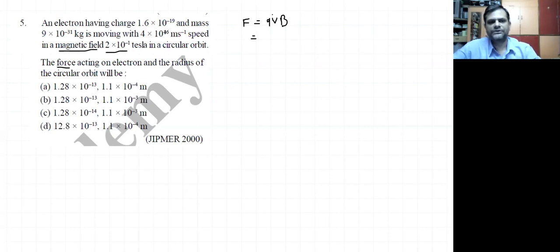So the charge on the electron is 1.6 into 10 raised to minus 19, the velocity is 4 into 10 raised to 6, and the magnetic induction is 2 into 10 raised to minus 1.